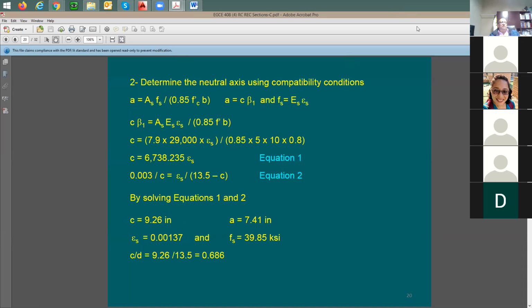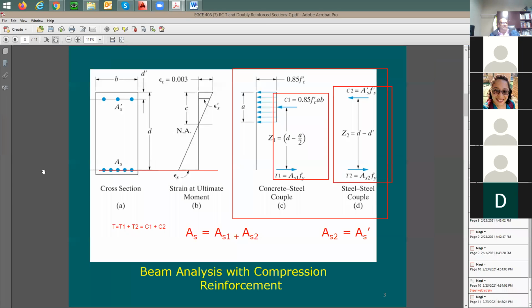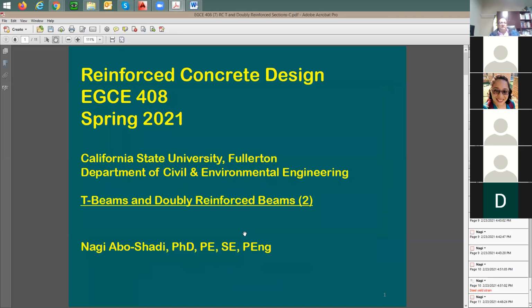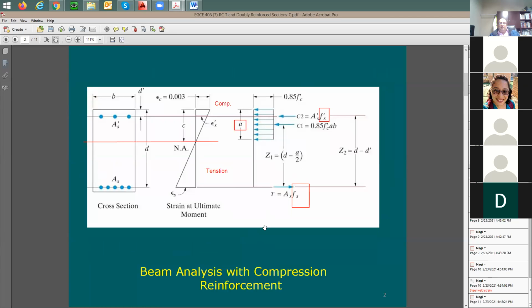Now what I want you to do is to think about what's going to happen if you have lots of steel at the bottom. It means the steel top and bottom is not yielding. In this case, I'm going to have three equations, to be able to solve for three unknowns.